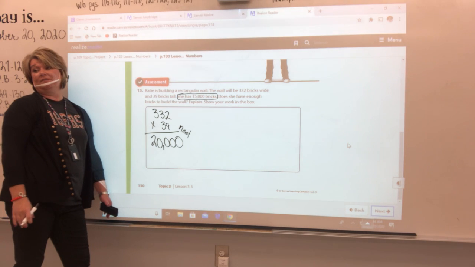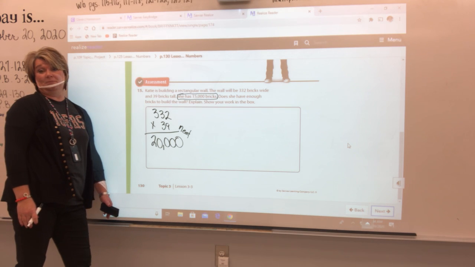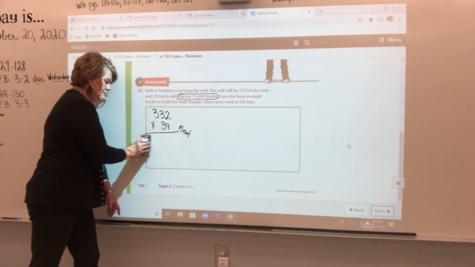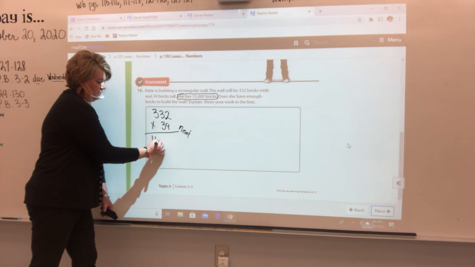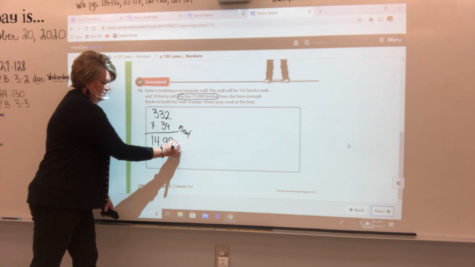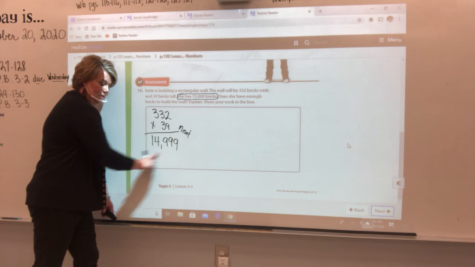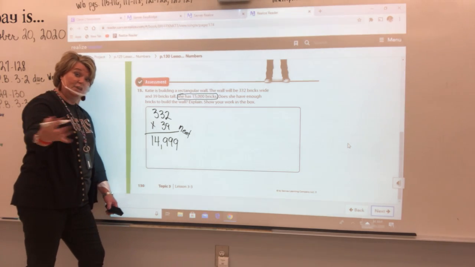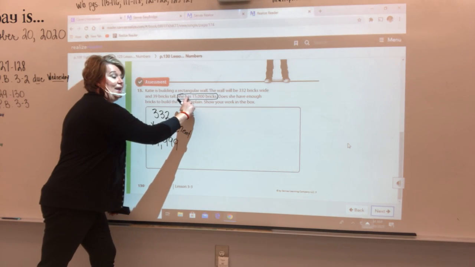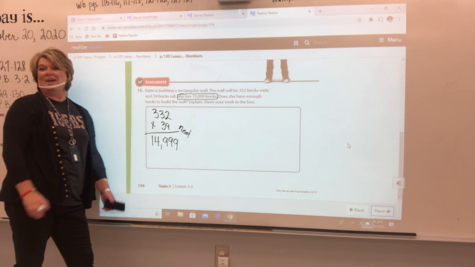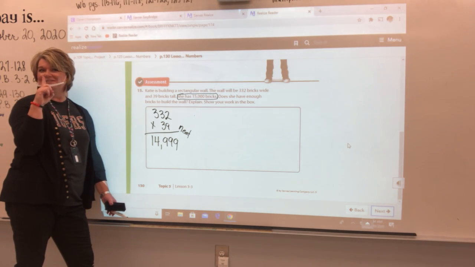Do I have enough? No, I'm actually short how many bricks? 5,000. What if the number was this. Say I need 14,999. I have 15,000. Do I have enough? Yes. In fact, I'm going to have one left over, aren't I?